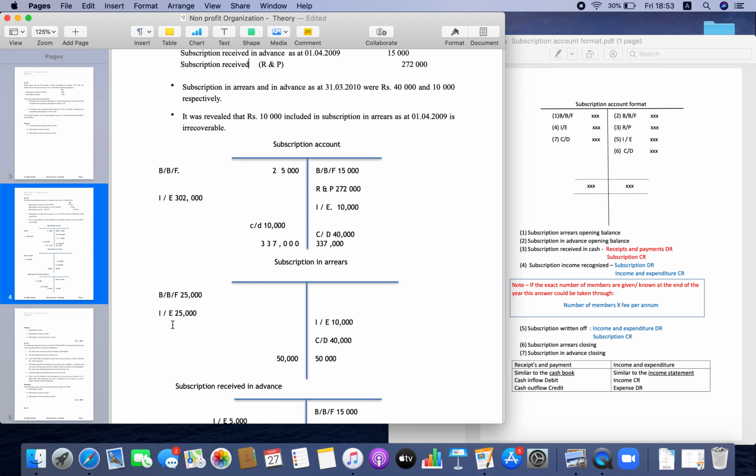Right. So guys, what was the purpose of preparing 3 accounts? That is because you can always cross check your answer and see whether the answer you got, that is whether this 302,000, is correct. I'll give you the formula for that one.